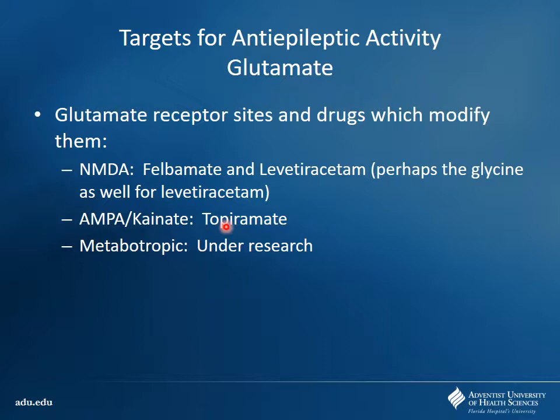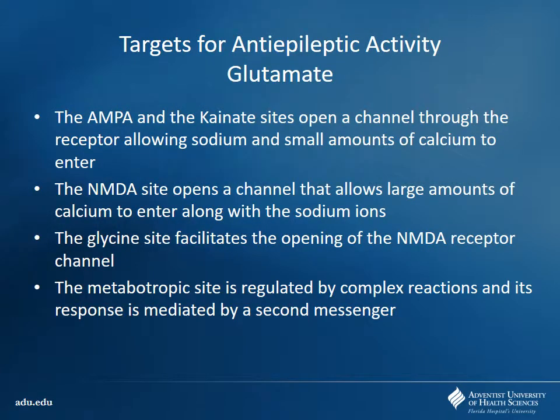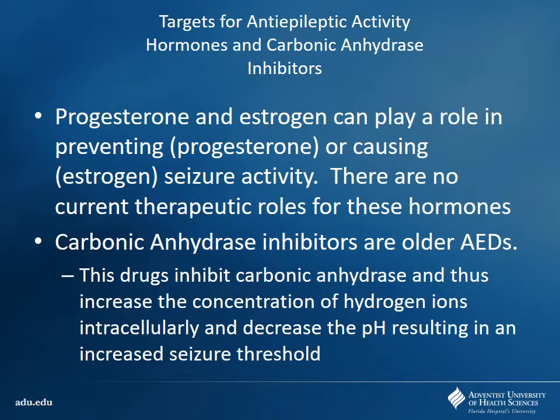Anyone know anything else? Some people try to use it for weight loss, so there's a lot of off-indication use for topiramate. But again, it's working at these glutamate receptors. Okay, so just know that by blocking these different types, you can block inward flow of positive ions. This will help prevent the seizures from occurring by blocking those action potentials. I don't want to get into more detail than that.